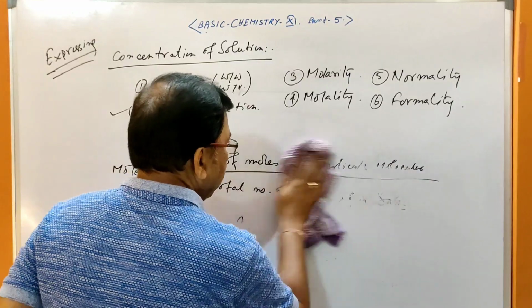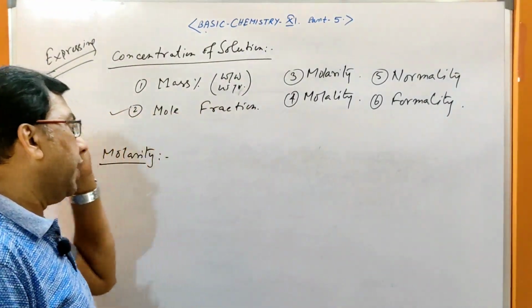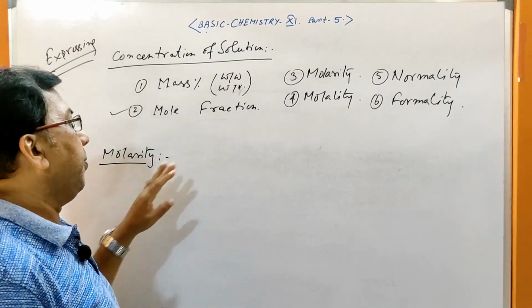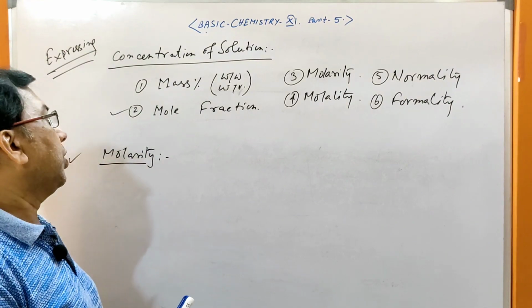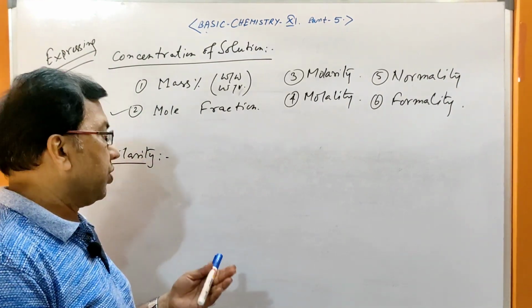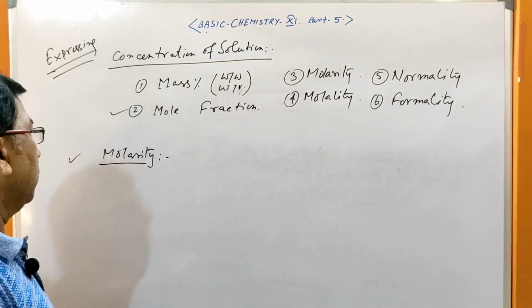Next, now you have to express the third one, molarity. What is molarity? Molarity is one of the ways by which we express the concentration of a solution. Very important.